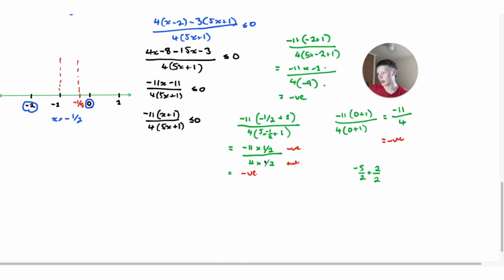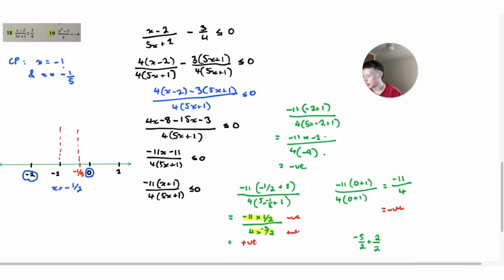So we're going to get negative 3 on 2, which means we've got a negative on the bottom, a negative on the top. So this one is actually going to be positive. And that makes a lot more sense here.